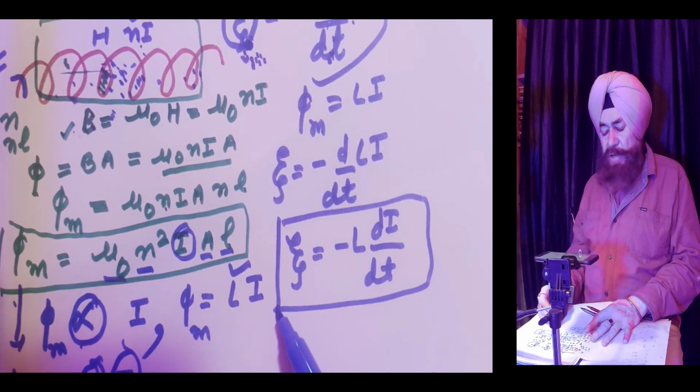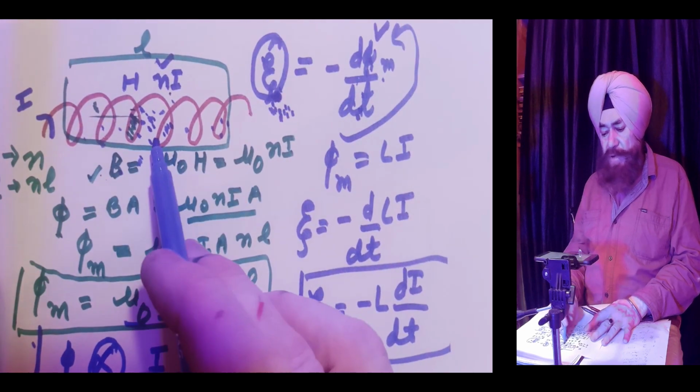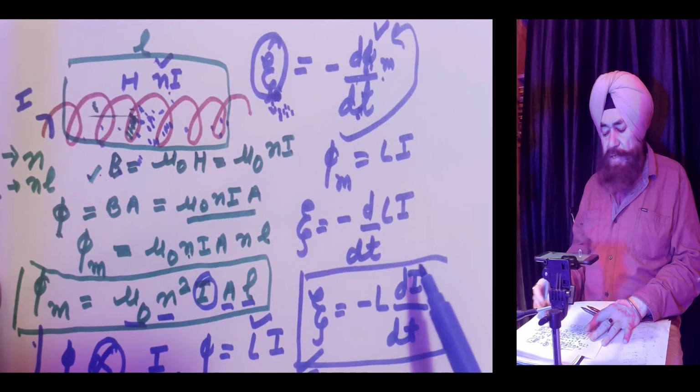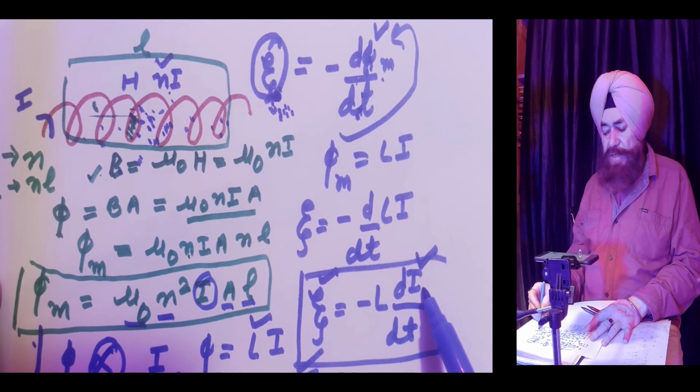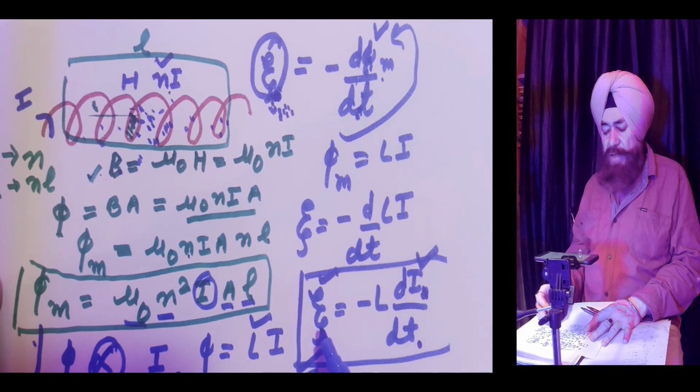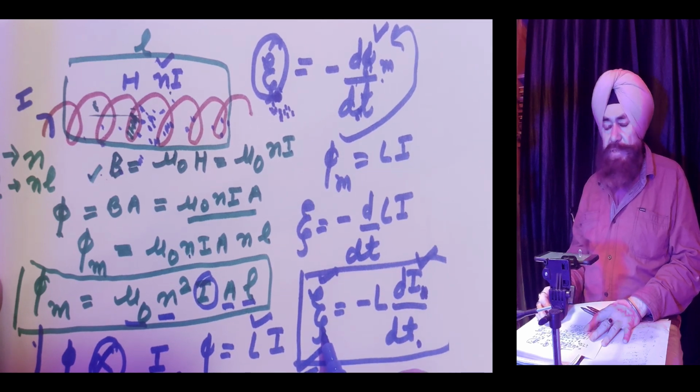So there will be an induced EMF in this coil, but the reason will be that the battery current, not the induced current, changes with time. When battery current changes with time, then induced EMF will be produced.